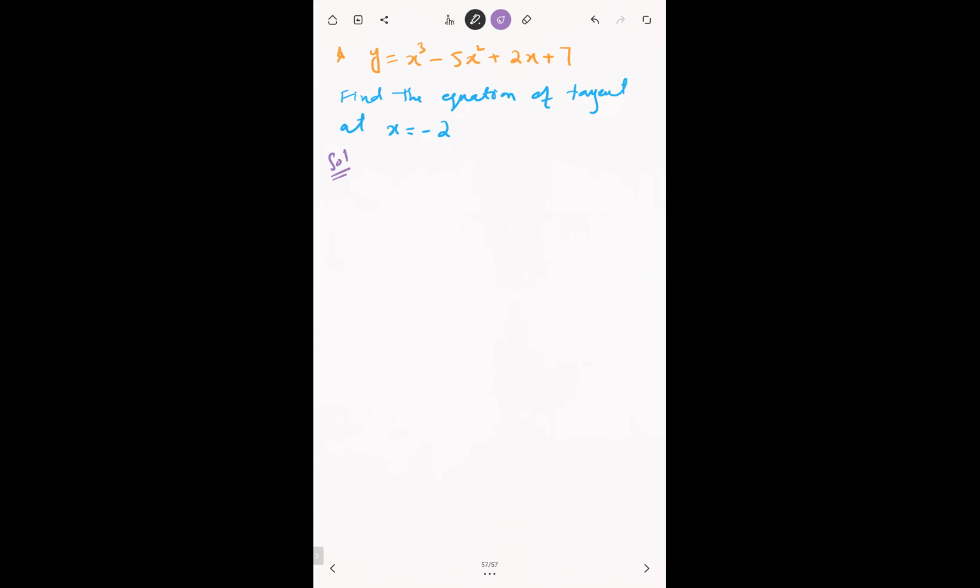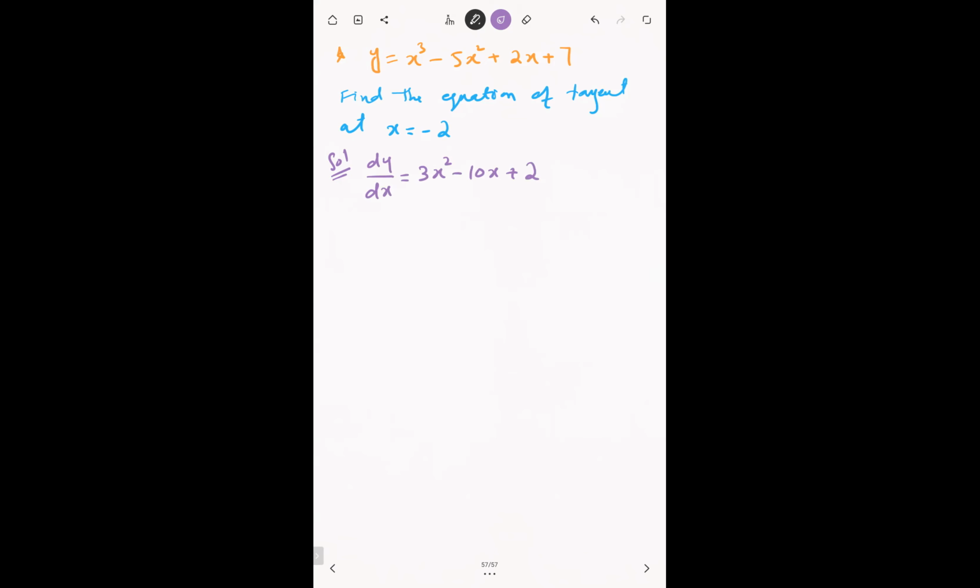To find gradient, we need to find dy by dx. So dy by dx is 3x square minus 10x plus 2. This is dy by dx. This is a gradient function. This will tell you the gradient of tangent.